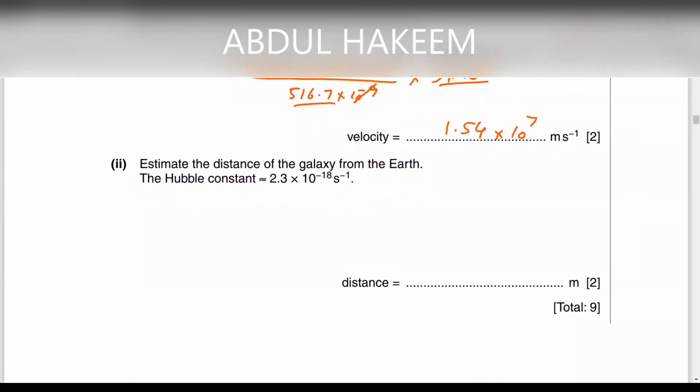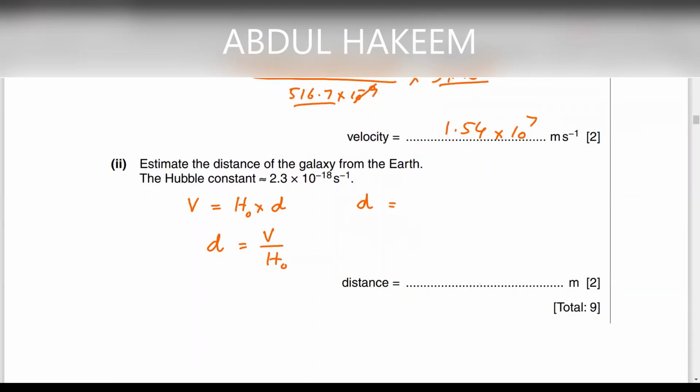Next, estimate the distance of the galaxy from the Earth. The Hubble constant is given as 2.3 into 10 power minus 18. We will use the formula: recession velocity is equal to Hubble constant times distance. So the distance is equal to recessional velocity over Hubble constant.